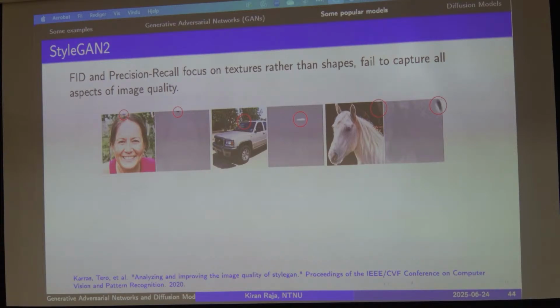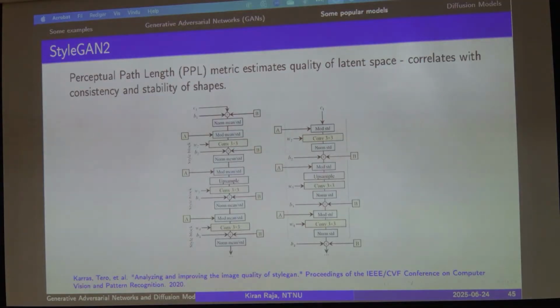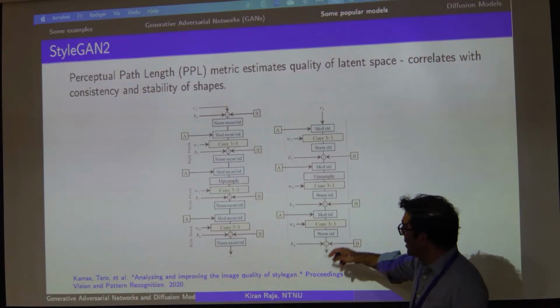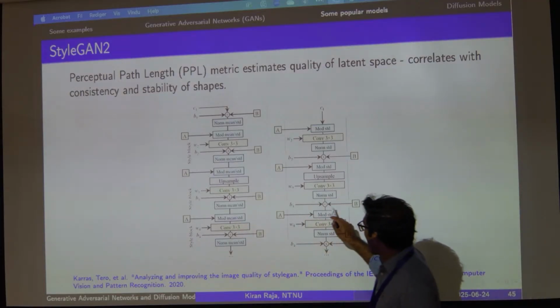Then came the second work from the same group who identified this problem. And what they did is they made some very small changes. Now the small changes actually are coming from the architecture here. If you pay very close attention to this, the only thing that is changing here is that this remains the same.